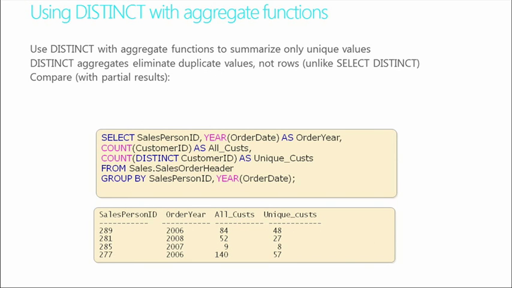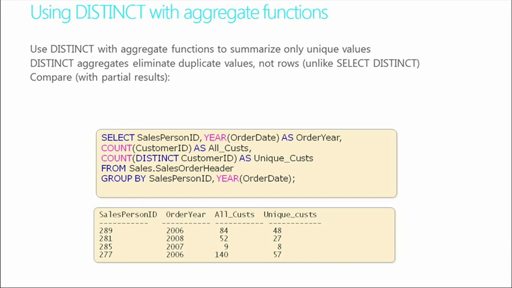The distinct clause, we talked about that. We've introduced that a couple times with aggregate functions; it provides you that summary of information. It aggregates, and during the aggregation, it eliminates duplicate values, not rows. And we have an example here.